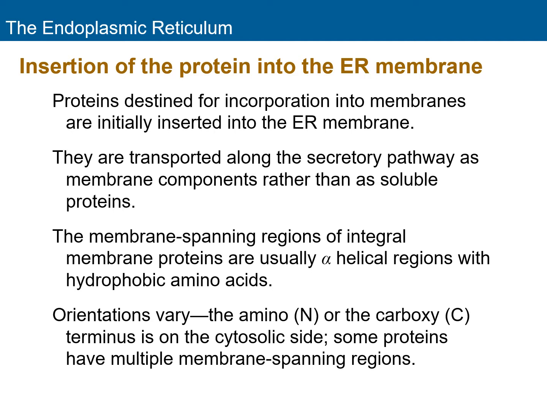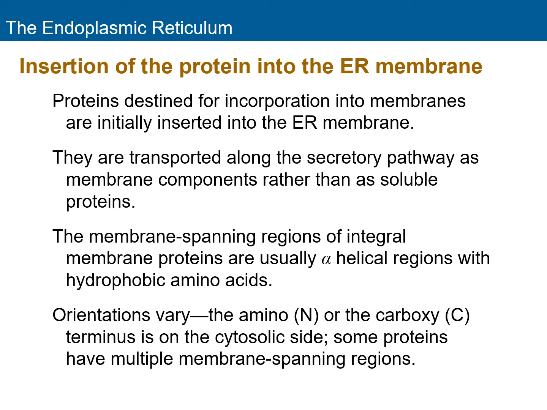Another important thing to know is that the transmembrane domain of the protein consists mostly of alpha helical regions, which consist of amino acids that are hydrophobic, because the interior part of the phospholipid molecule is hydrophobic. So they become part of the interior part of the membrane.